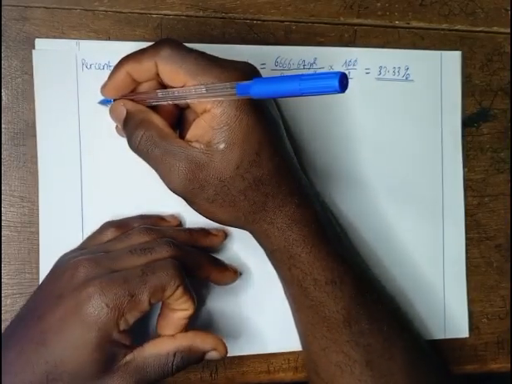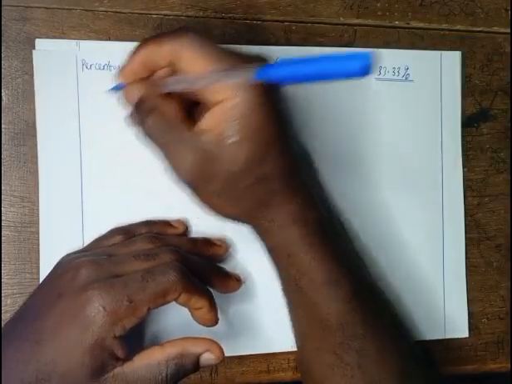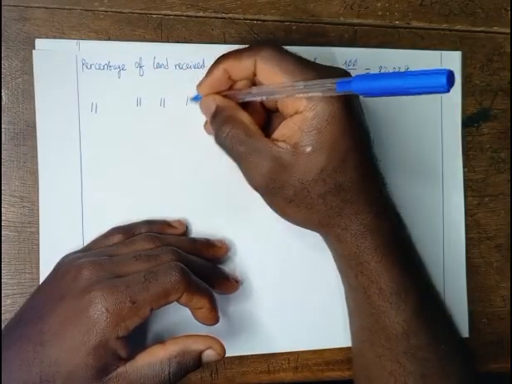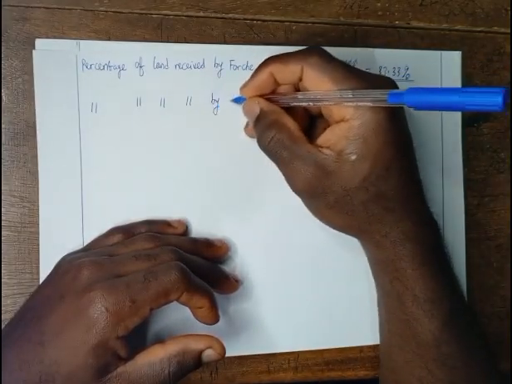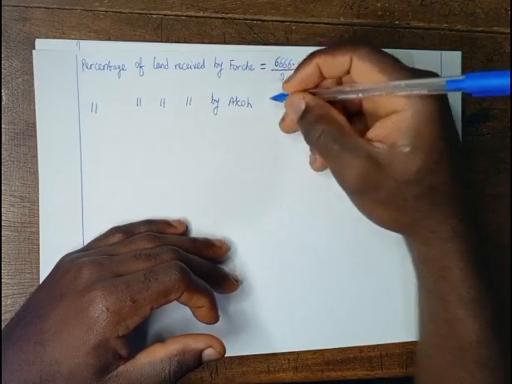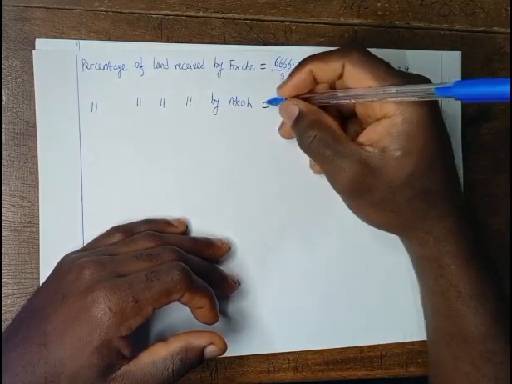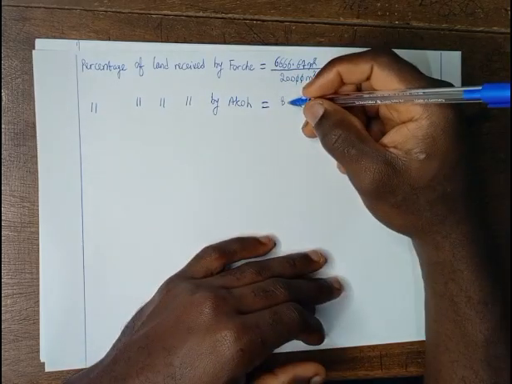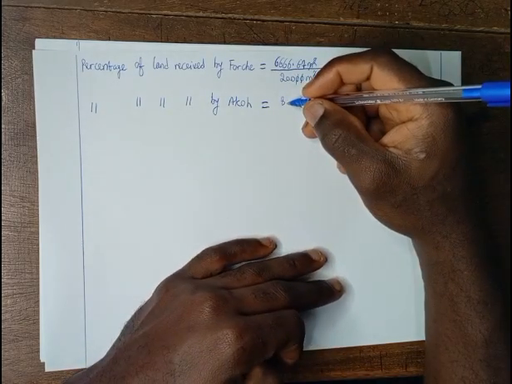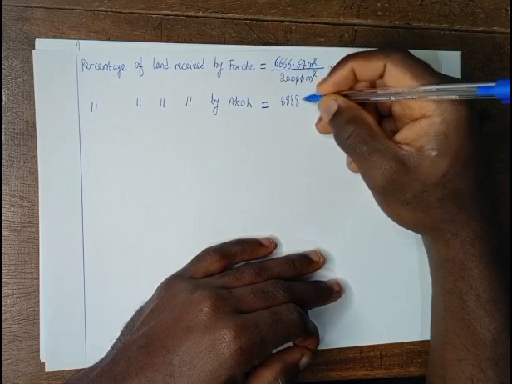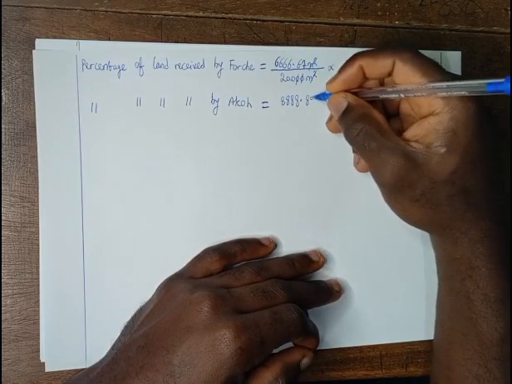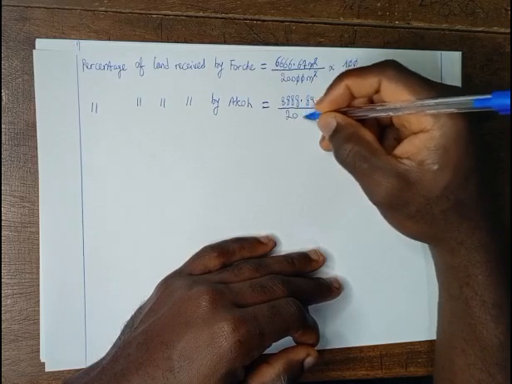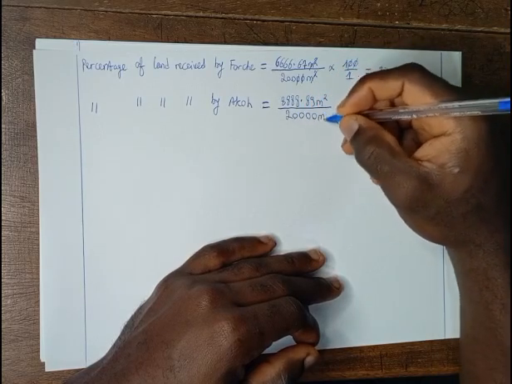Next, now let's find the percentage of land received by Ako. Percentage of land received by Ako will simply be equal to, we're going to divide his own quantity of land received, which is 8,888.89 meters squared, by 20,000 meters squared.